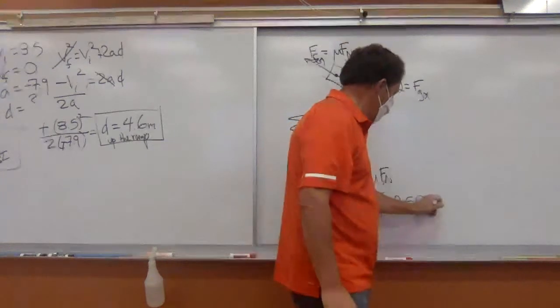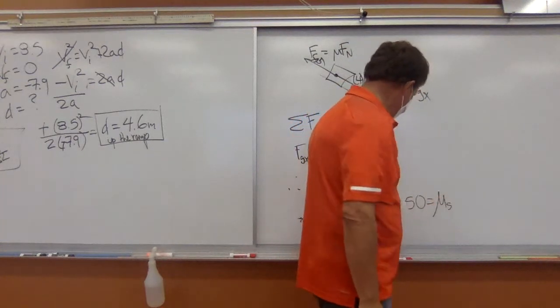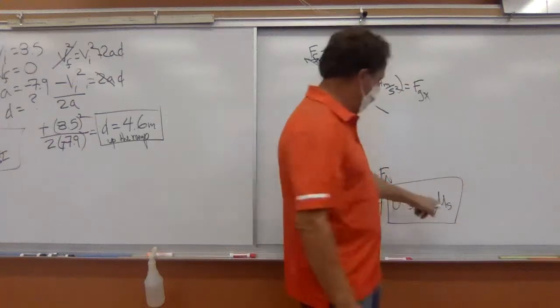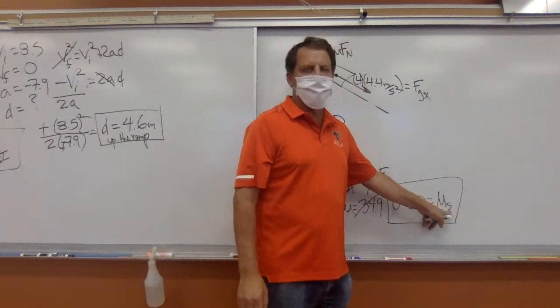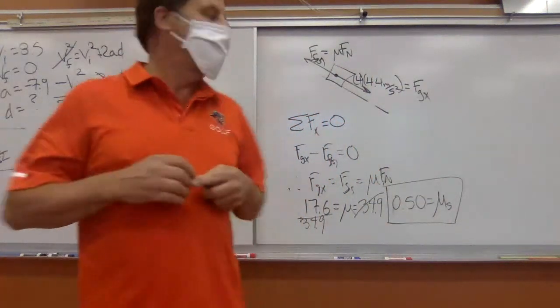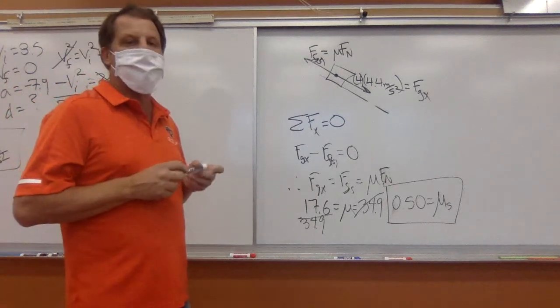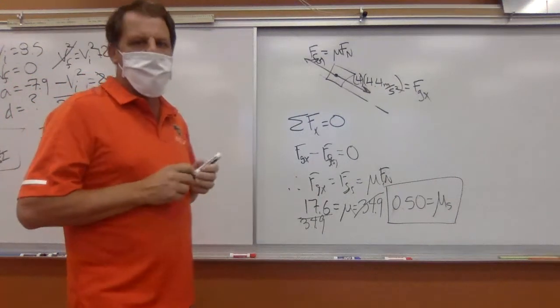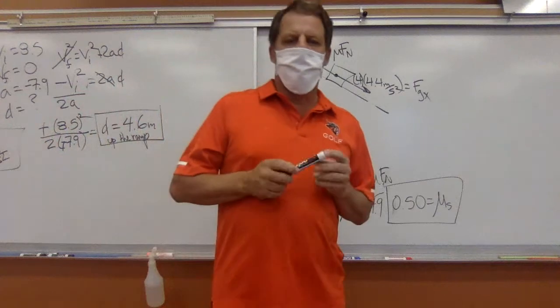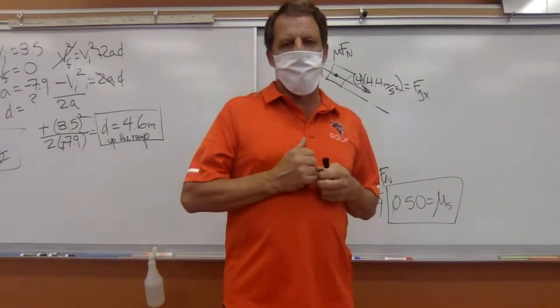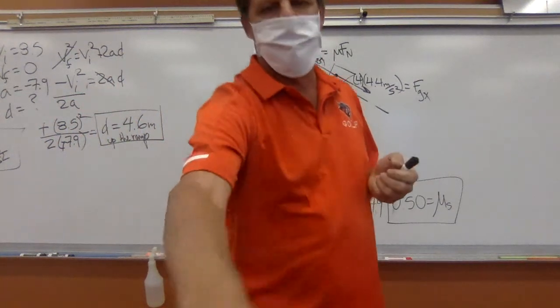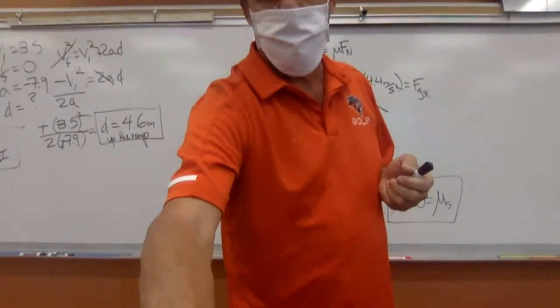We'll just call it 0.5. This mu with an S is static friction, and the mu with a K is kinetic friction. I hope that helped, and we will get back to you next time.